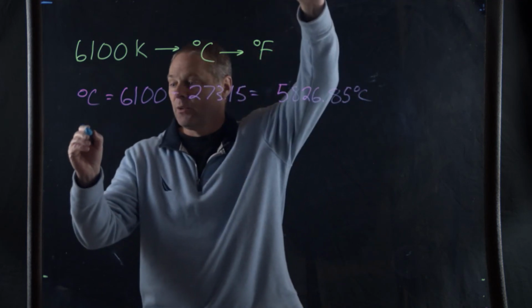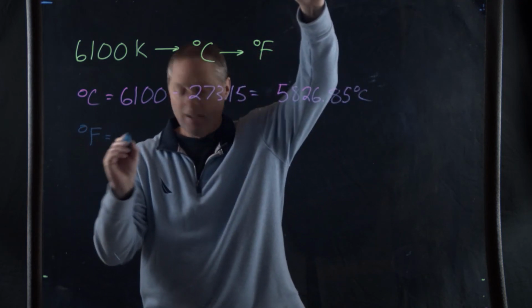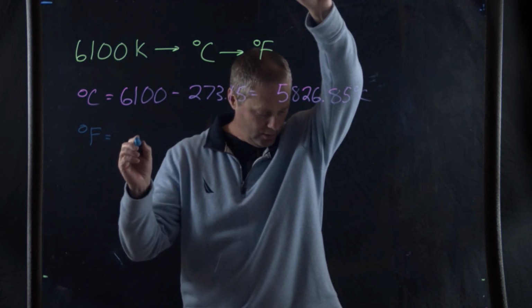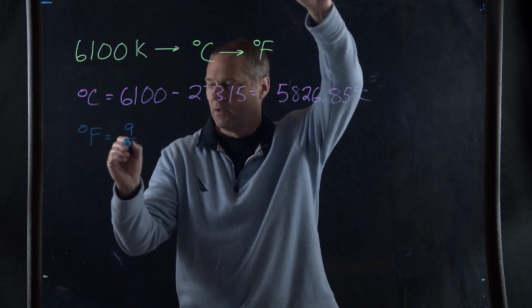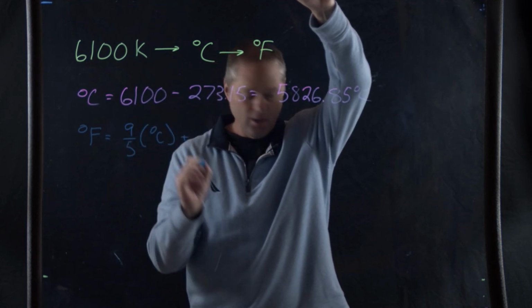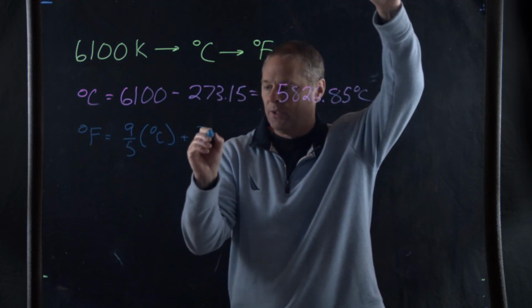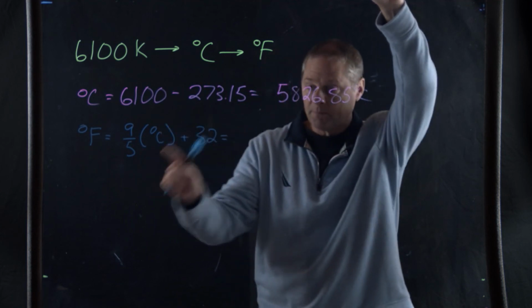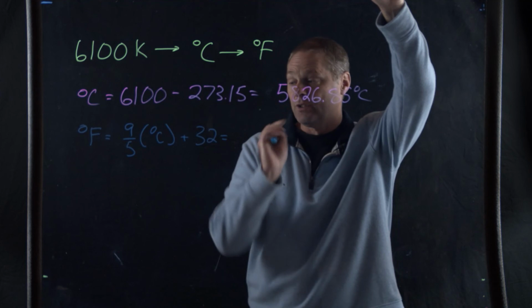If we want to get the degrees Fahrenheit, that is going to be equal to 9/5 degrees Celsius plus 32. So we can substitute in now for our degrees Celsius. We just found that.